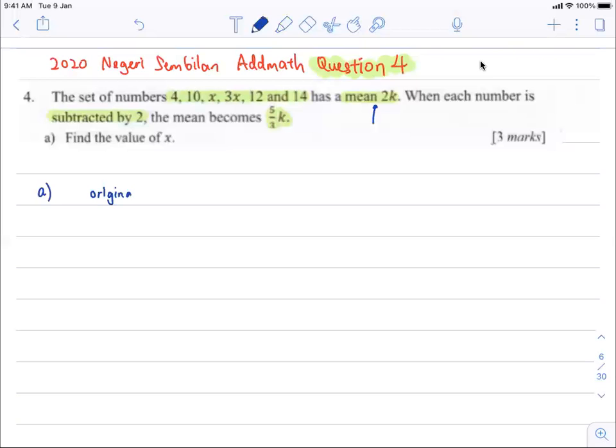Original mean is 2k, and after all the numbers minus 2, the mean of the new one would be 5/3k.